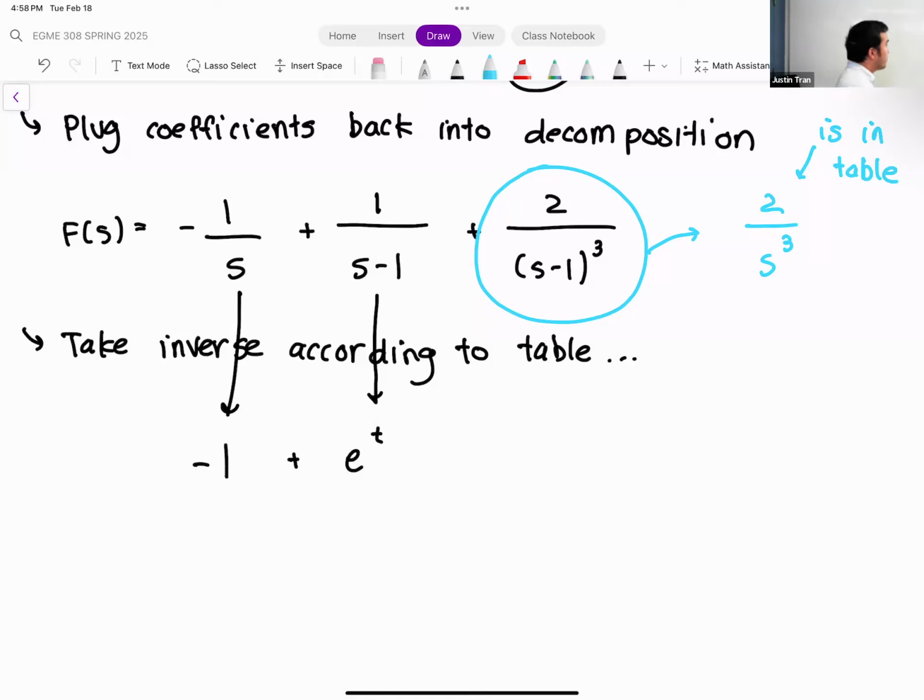Of course, we don't have that exactly. We don't have 2/s². We have 2/(s-1)³. But if we remember our first shifting theorem, we can basically say that this s-1 came about as a result of our shifting.